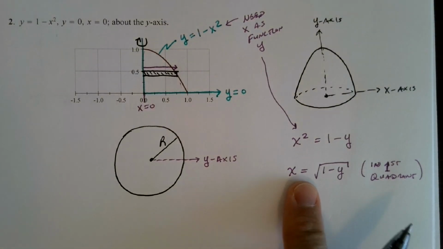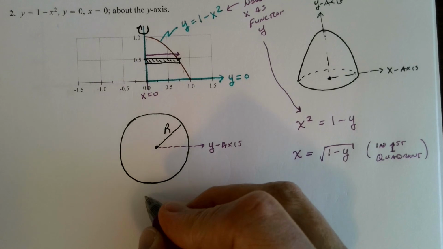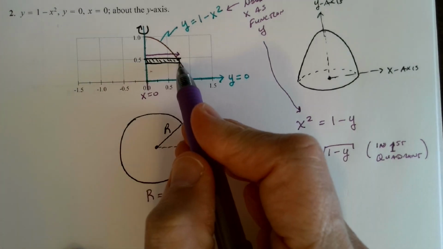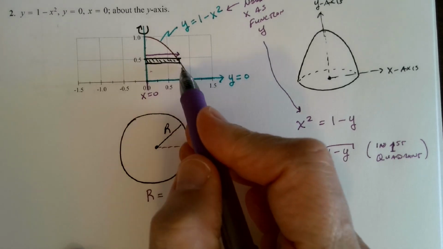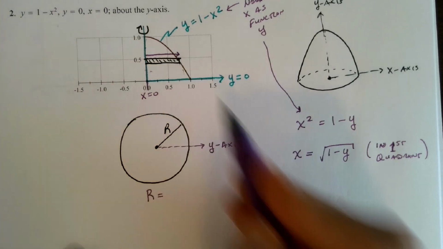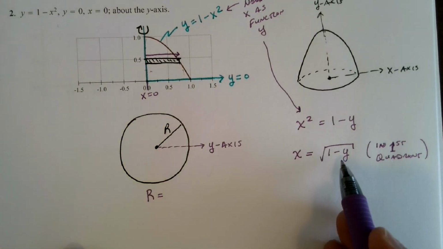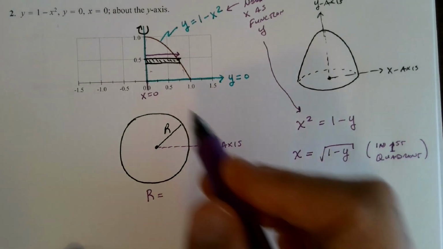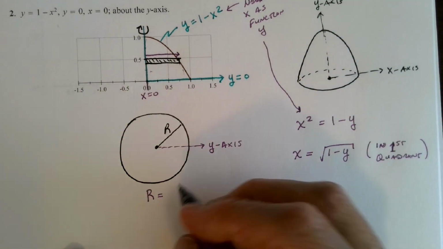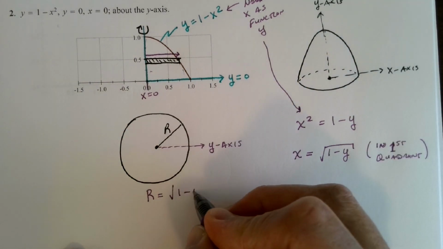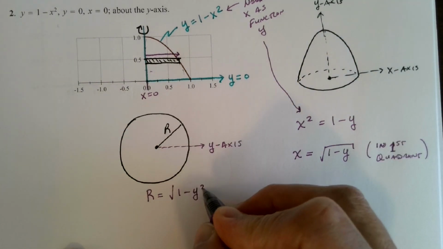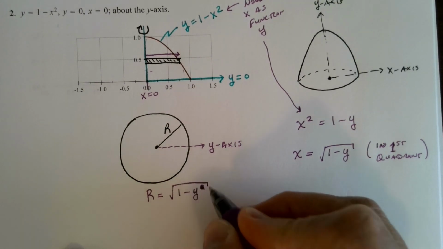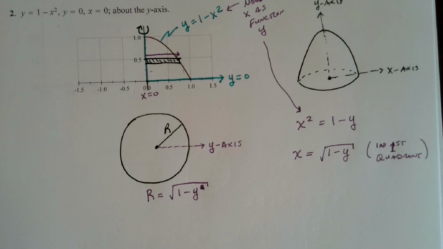So there it is. So what is our radius here? Our radius is exactly this value, which is the square root of 1 minus y, minus x equals 0. So the radius is the square root of 1 minus y.